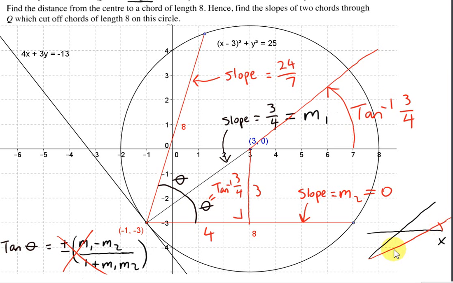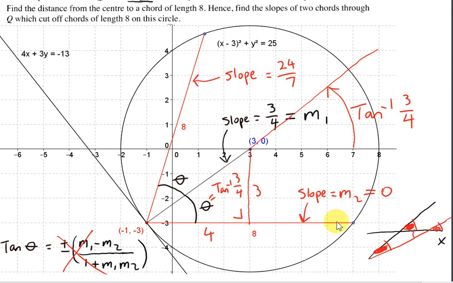And to get the slope of the chord, we would have to get the tan of this angle. But if we know this angle here and this angle here, which we do know, then we can actually find this angle here. It's actually a matter of just subtracting. We just take this angle and subtract this angle. That's actually how we derive this formula, but you could still work it out.